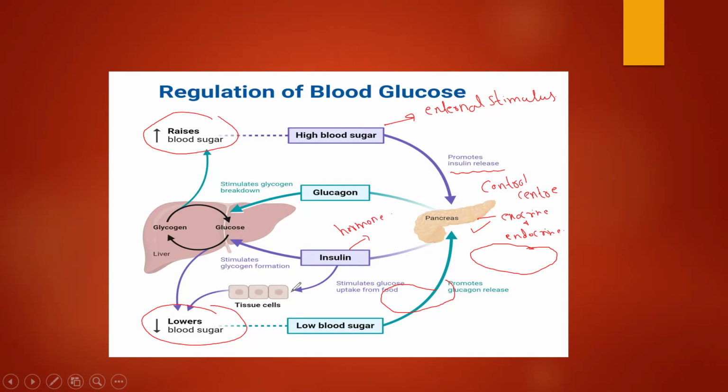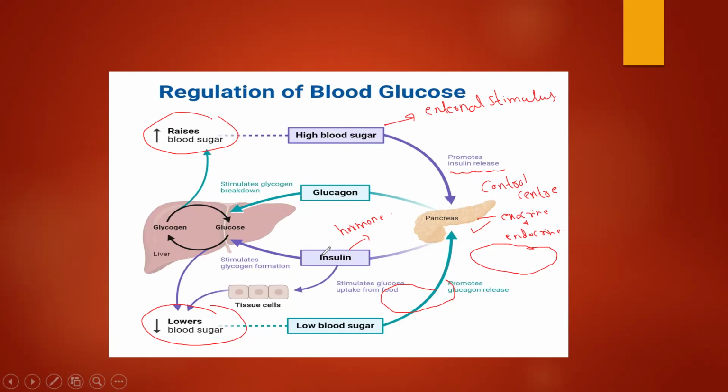Insulin is responsible for providing glucose to the body cells, because body cells require energy, and they get that energy with the help of glucose. So it provides energy to all body cells, while the excess glucose reaches the liver and is stored in the form of glycogen.